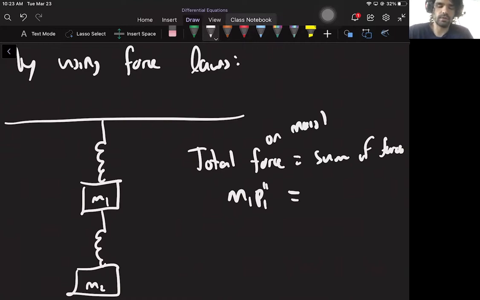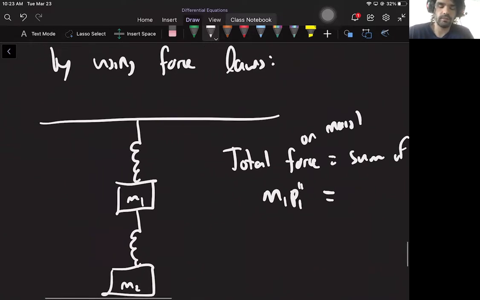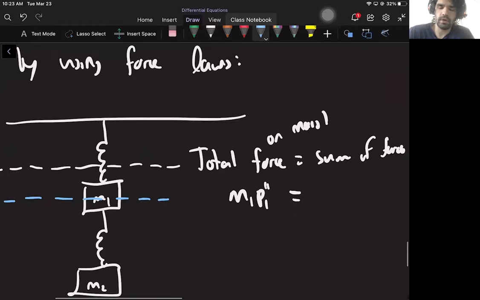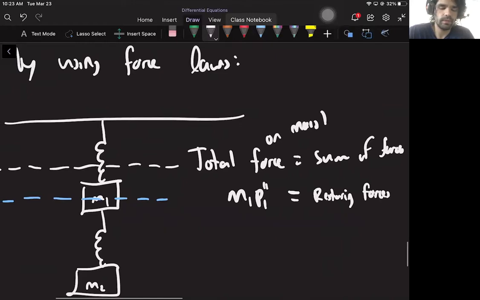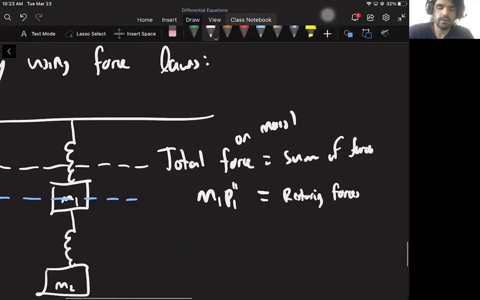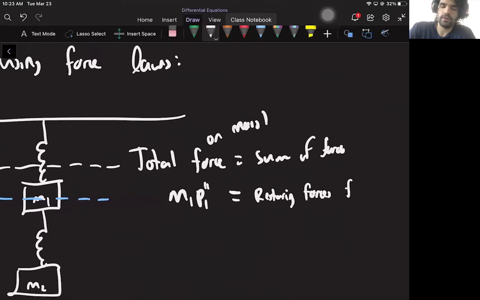Now, what forces are at play here? Well, if it's away from equilibrium, so let's just say that this is equilibrium, and it's down here, we have some restoring forces. So let's just pretend that there's no air resistance right now, no damping. So there's some restoring forces going on, but from both springs this time.